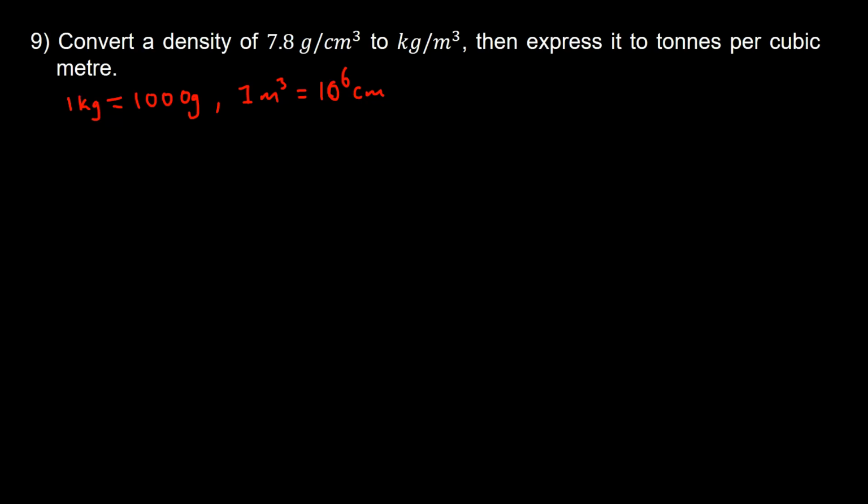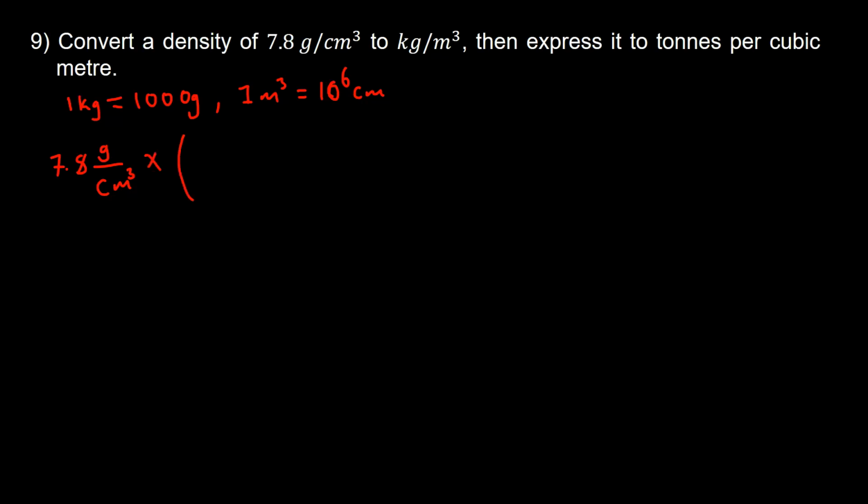Let's convert these units. We have 7.8 grams over cubic centimeters, and then we multiply it by the first conversion factor.